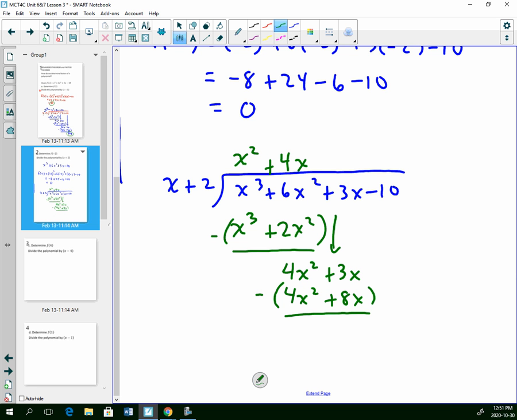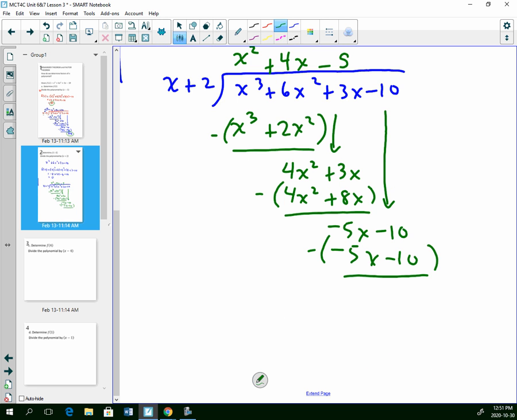Subtract to see what we have left. So 3 minus 8 is negative 5. Bring down that last term, and we would have to multiply by negative 5. So negative 5x minus 10 gives us a remainder of 0.